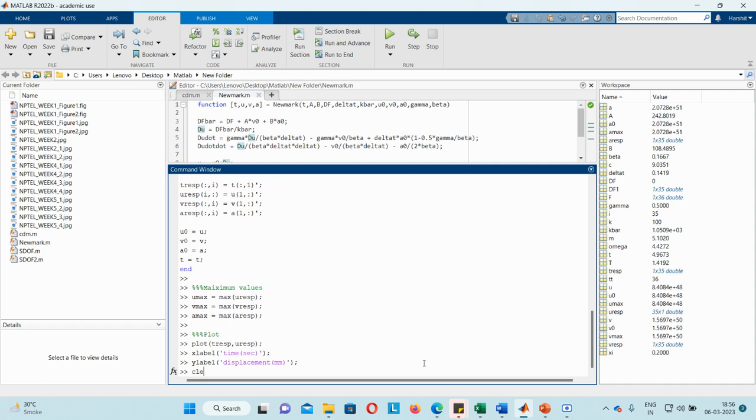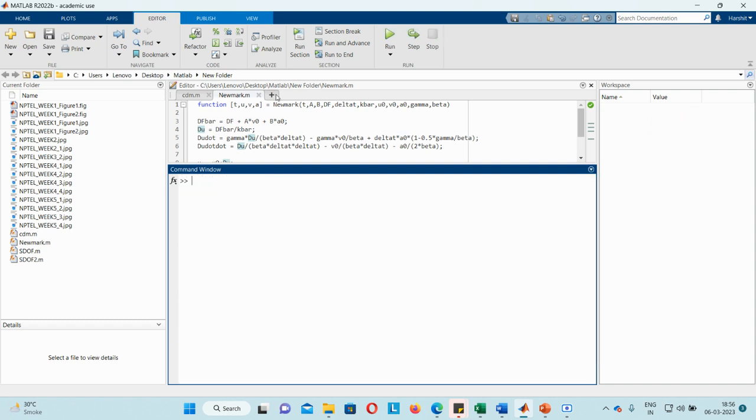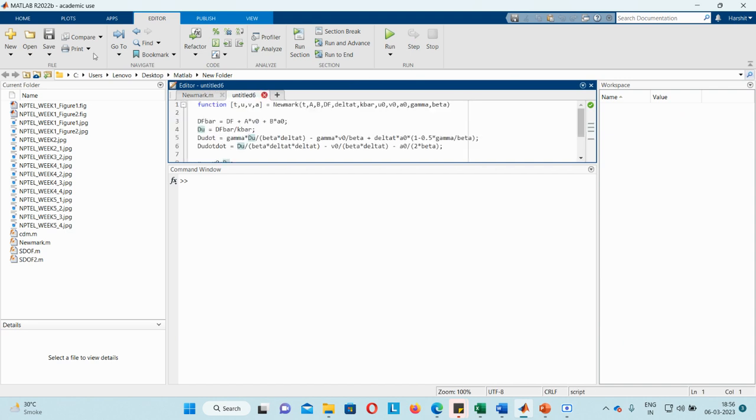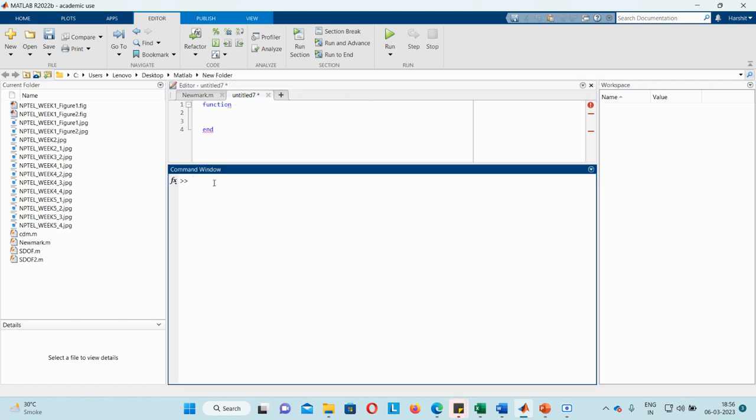So I will first clear this screen and create a new function here. Let's first write the main body of the code.